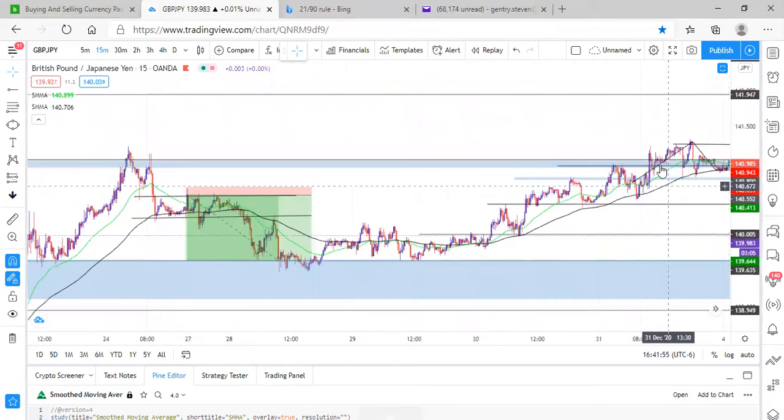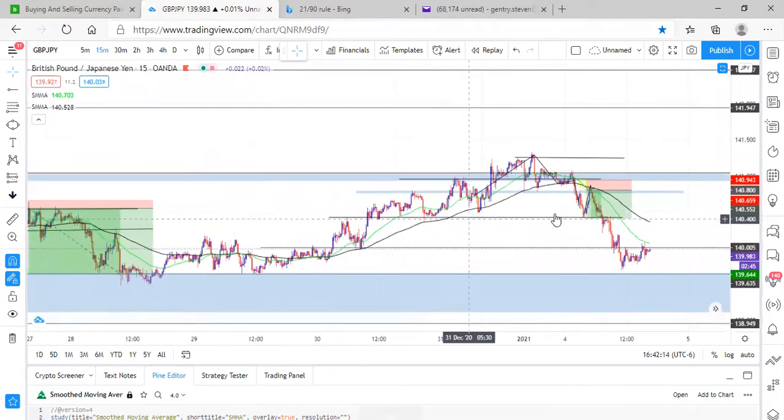Price was up here in this area again where it was in the past, and I was looking for some type of weakness in this area, and we got that.